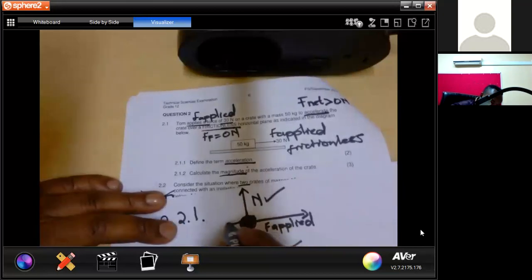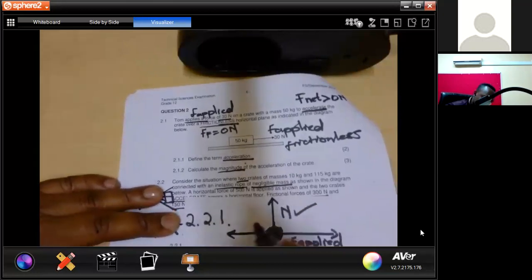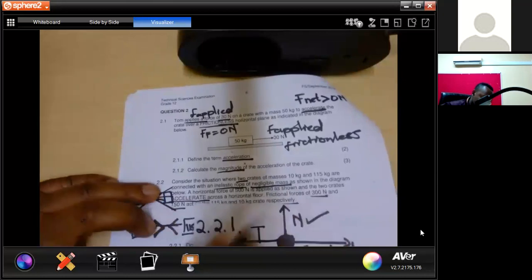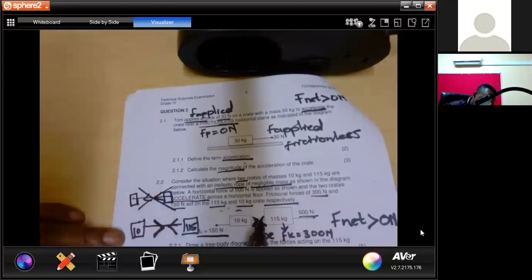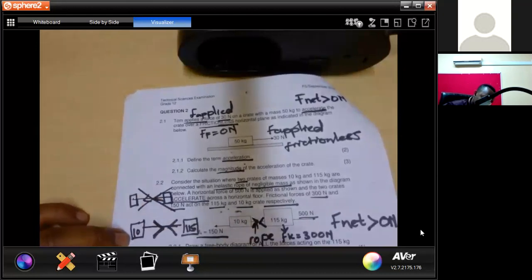Then again, we can see that we have tension. How did we determine it? It's the one that is on the rope, this one. And the last force that we have, remember, they said there is that frictional force of 300 newtons.